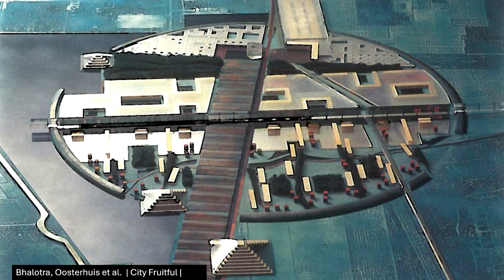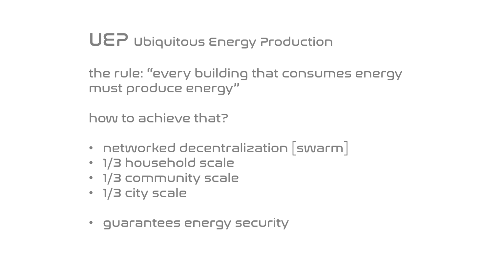So yes, this intermediate scale of neighborhoods and cities could very well be made responsible for growing food, generating energy, and, one of the later points, creating water as well, because water is a serious problem.